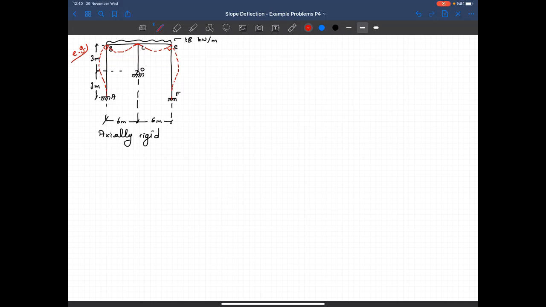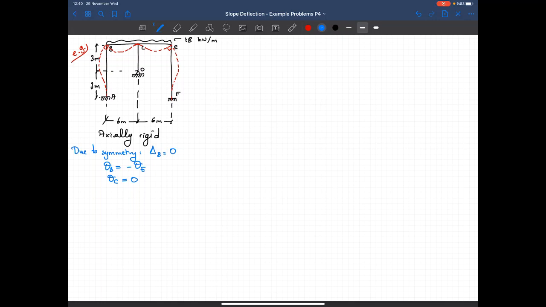So things we know, due to symmetry, we can say that delta B must be equal to 0. No translation. What else? Theta B must be equal to minus theta E, right? Because of this given deformed shape. And the other thing that I know about this structure is delta C must be equal to 0.